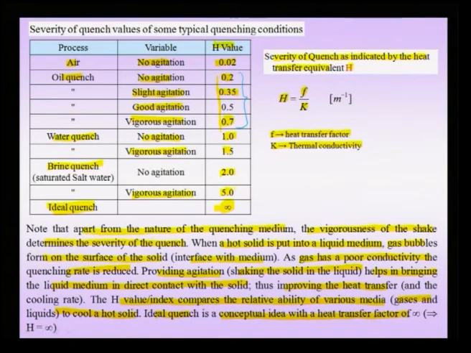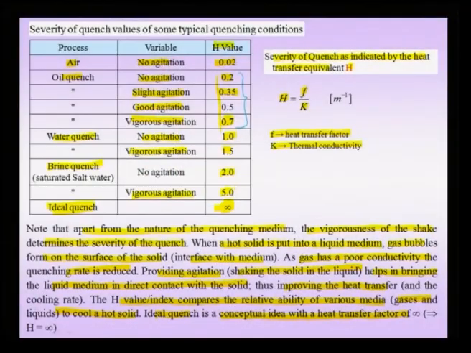Suppose I am blowing air on a substance with a fan, then I get a better heat transfer coefficient, or a better heat removal from the material, and therefore a better quench inside the material. And I can use different media apart from oil quench and water quench, like brine quench, to get a better cooling rate, and there are other specialized media also which you can use.